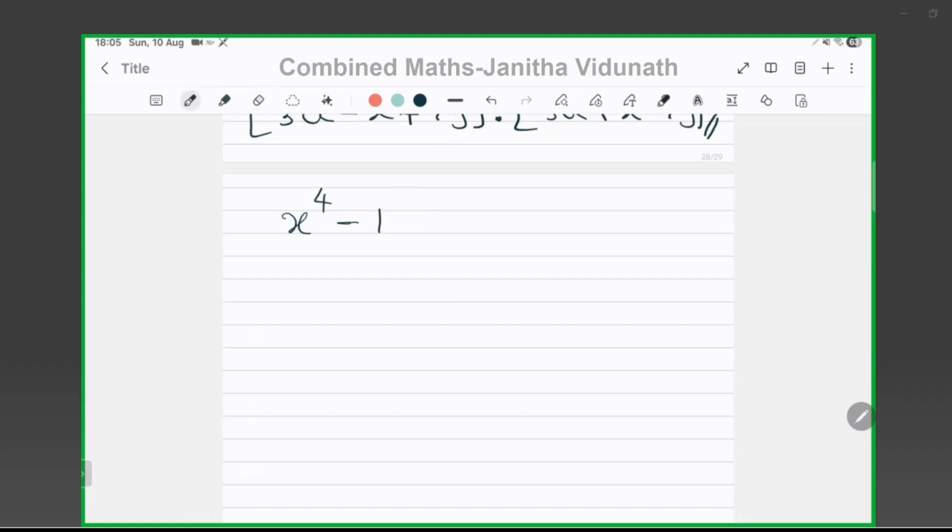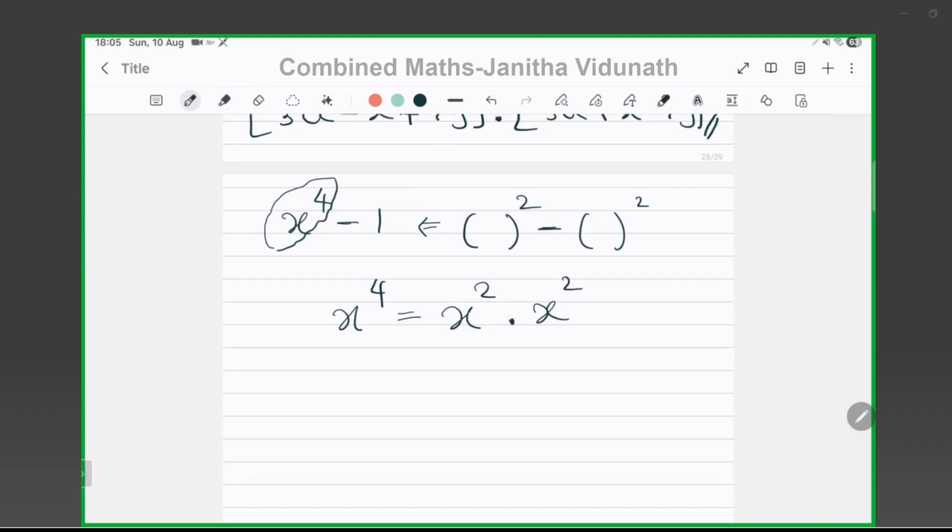For the difference of two squares, we need the first term as a square term, a minus sign, and the second as another square term. Here we get x to the power 4. Here we can think of x to the power 4 as x to the power 2 times x to the power 2.